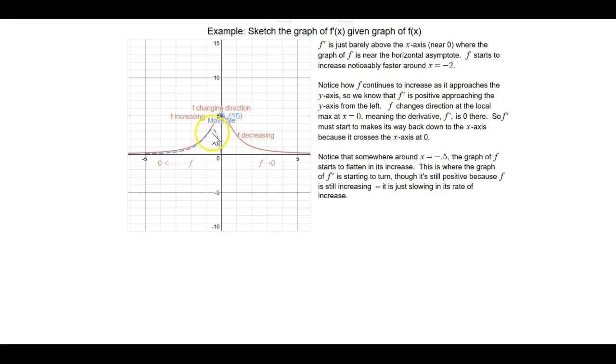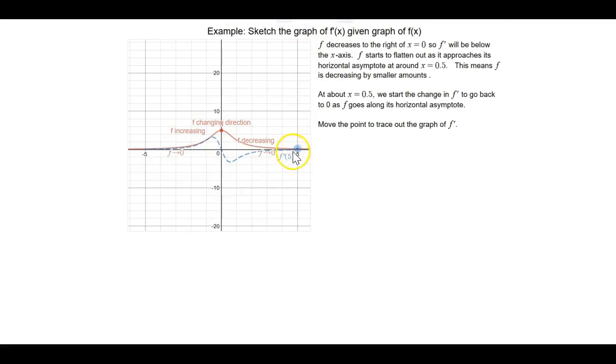Somewhere around minus 0.5, our original graph starts to flatten out because it's approaching this turning point. That is where the derivative is going to have to go from increasing to decreasing, because it's got to make its way back down to the x-axis in time to coincide with this local max on the original function.